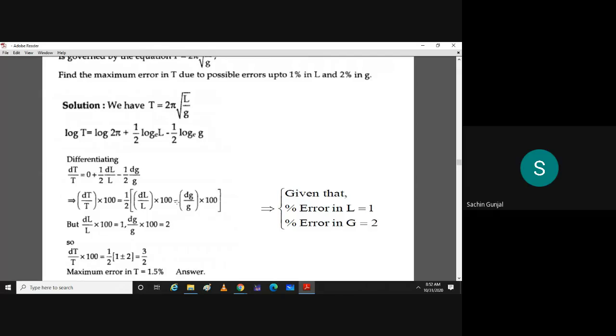That's why. And you want the maximum error. If you write minus, 1 minus 2 will be minus 1 by 2, that will be the minimum error. So when dG is negative, at that time you get the maximum error. Fine. Got it, sir.